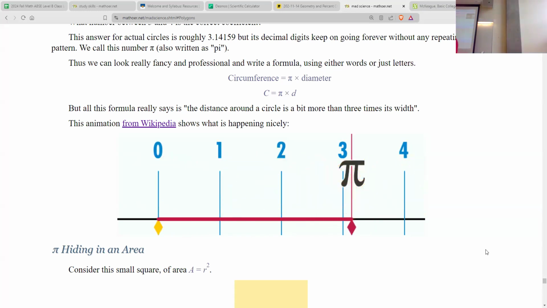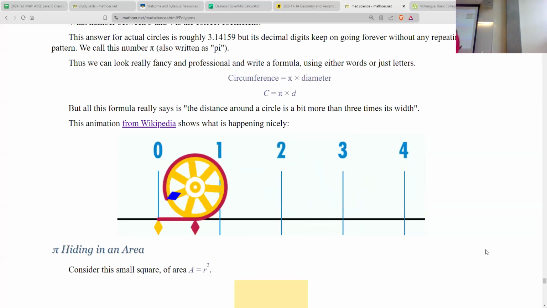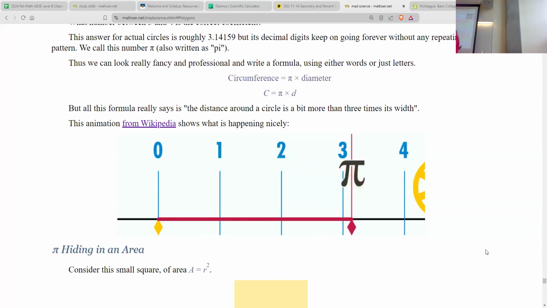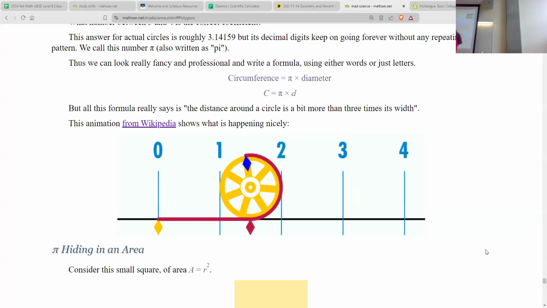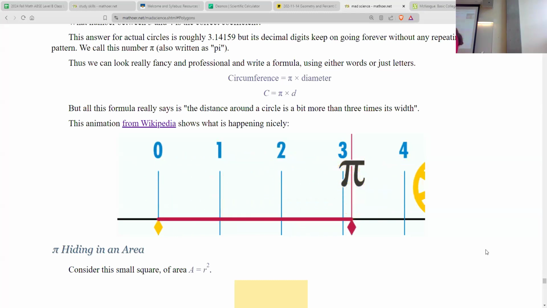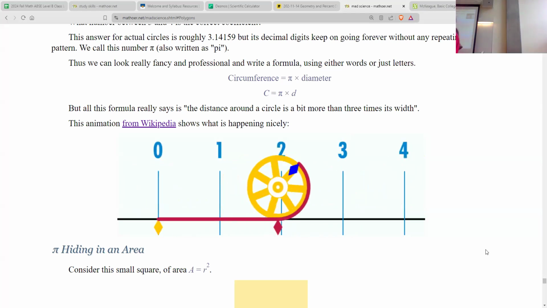Did they have actual pi, the food? Maybe? Oh, I don't know enough about ancient Greek, and I don't know why they named that letter pi.